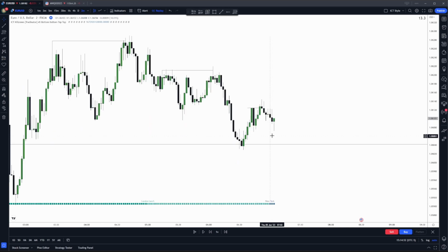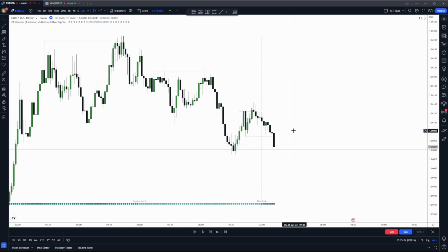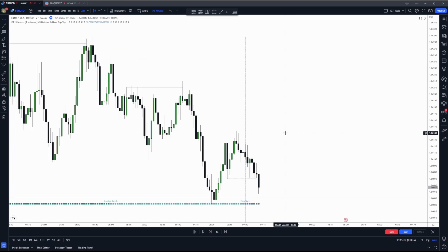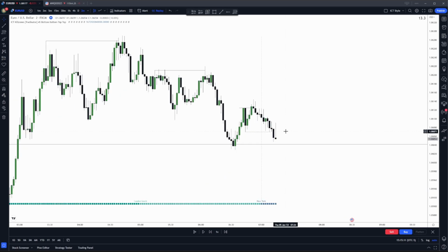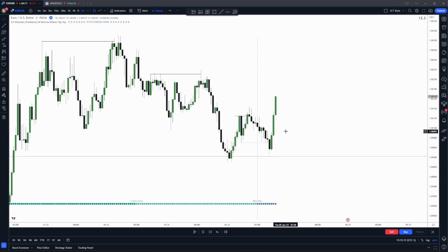So what do we see here? We see that this high basically got swept, and that we now want to see this zone right here broken. And we do actually break that. So now we gotta wait and see if we get some imbalance formed anywhere. No trade so far.